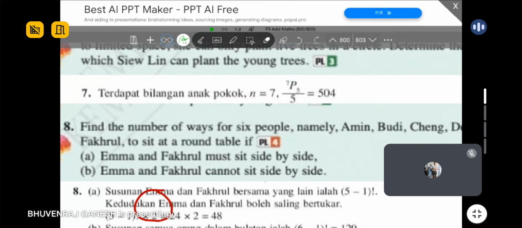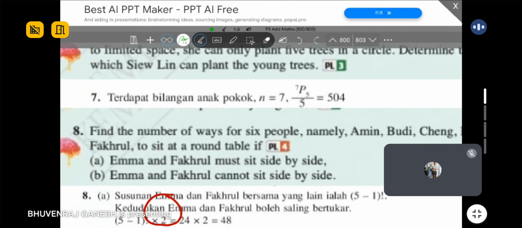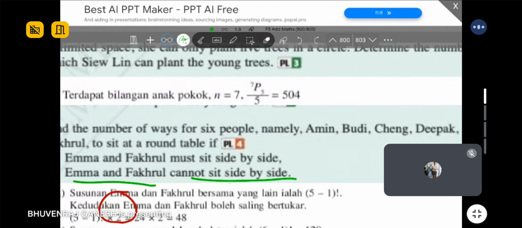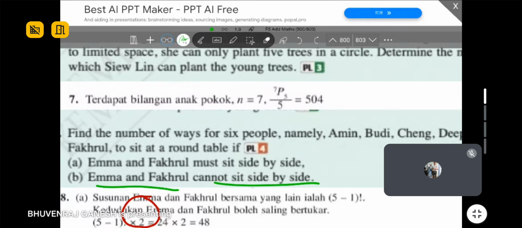So next part, they say that Emma and Fakul cannot sit side by side. Dua-dua orang ni tak boleh duduk bersebelahan. So how? How to do this question? Anyone?